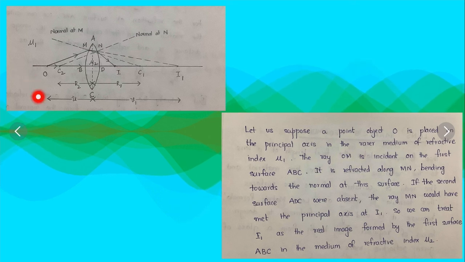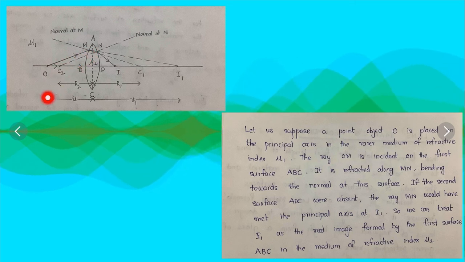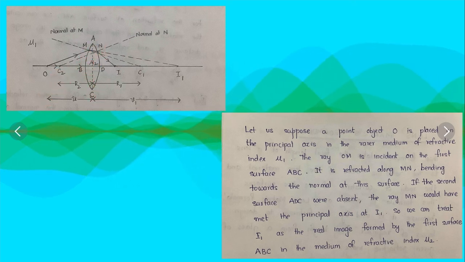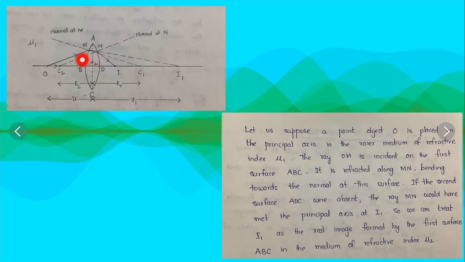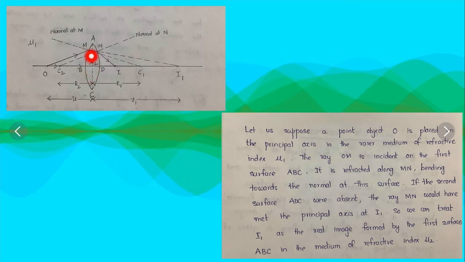The ray OM is incident on the first surface ABC. It is refracted along MN. It bends towards the normal at this surface.